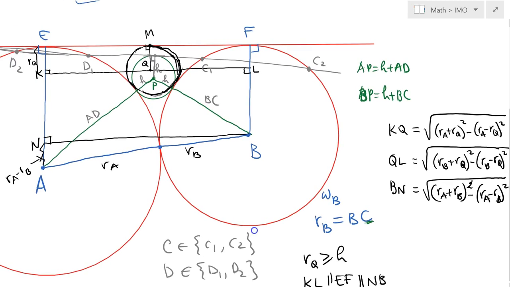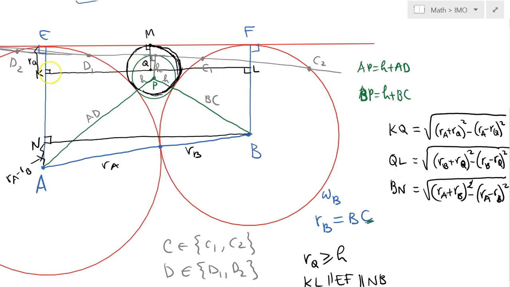But now notice that KL, which is equal to KQ plus QL, is the same thing as NB, because we have a rectangle here. KNBL is a rectangle. As such, KL is equal to NB, but KL can be written as KQ plus QL.